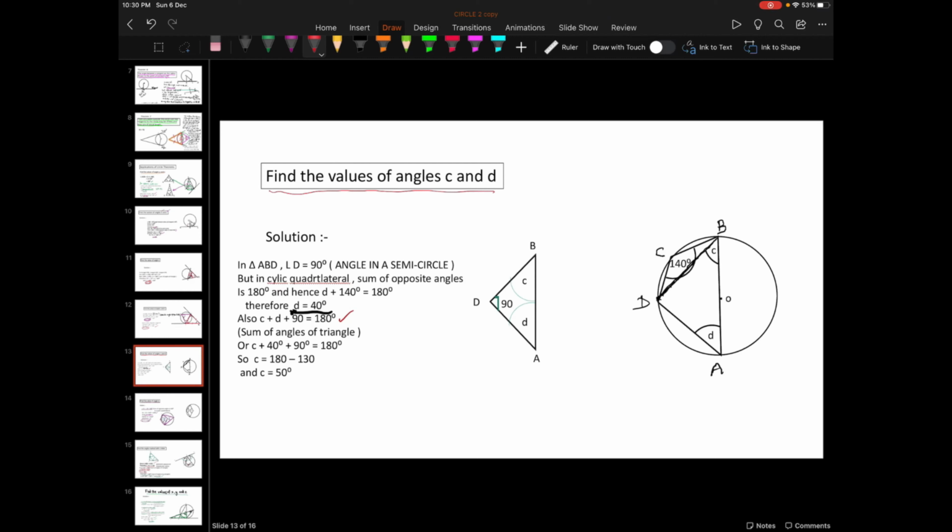Or C plus 40 degree plus 90 degree is equal to 180 degree. I have substituted the value of D in the equation. So C is equal to 180 degree minus 130 degree. Hence C is equal to 50 degree.